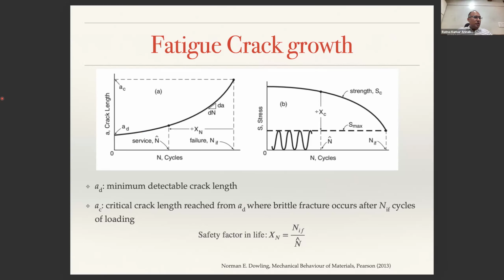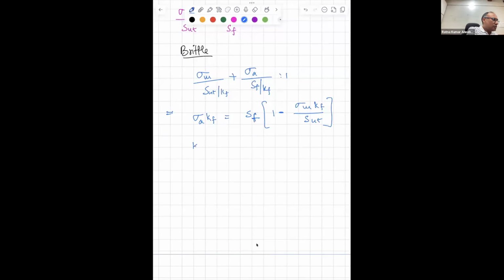Now, we know K is equal to K1 is equal to sigma root pi a.